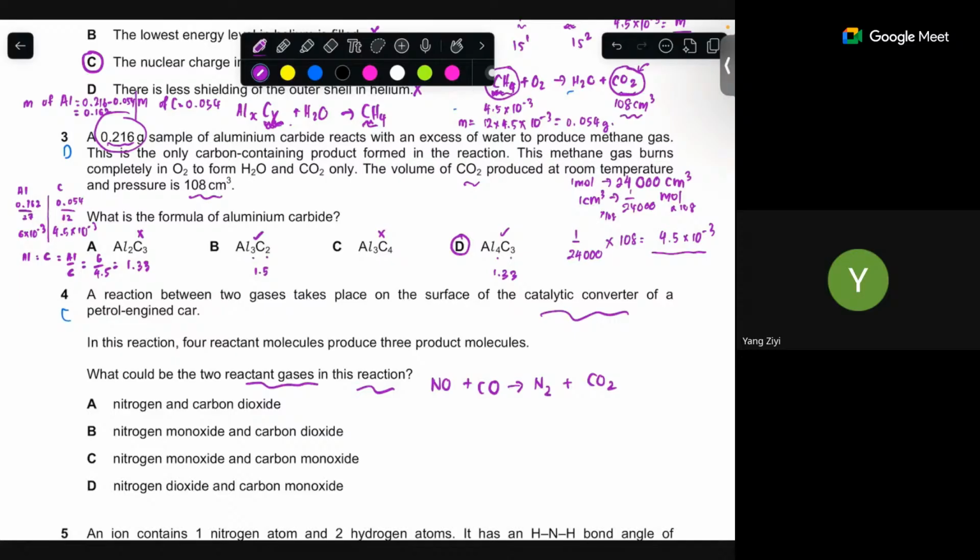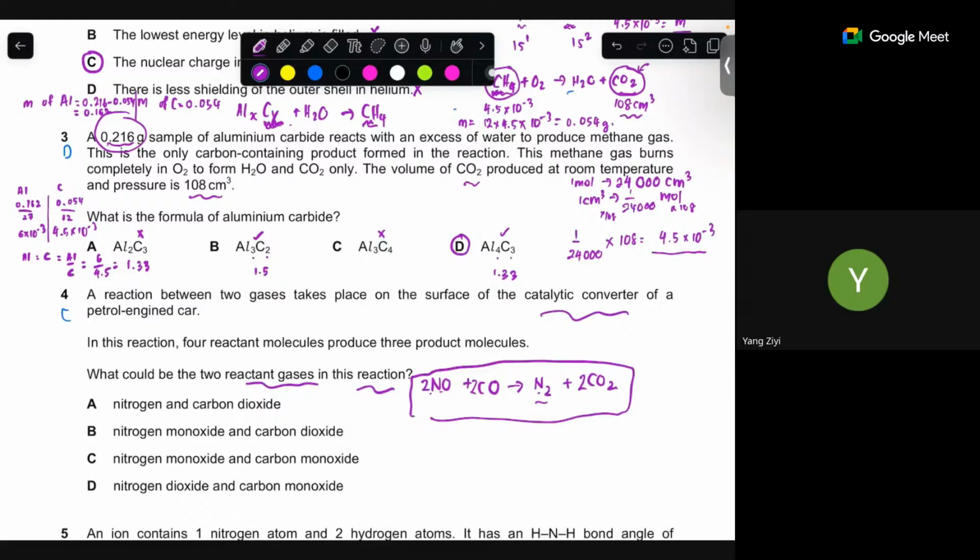If you balance this up, I put 2 here, and 2 there. So in total you have 2 nitrogen, and 4 oxygen, so that should be 2 here. So the equation is balanced.